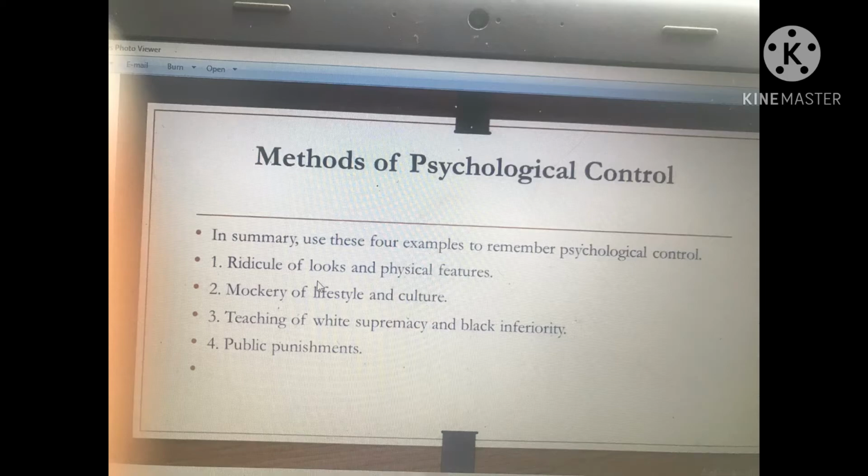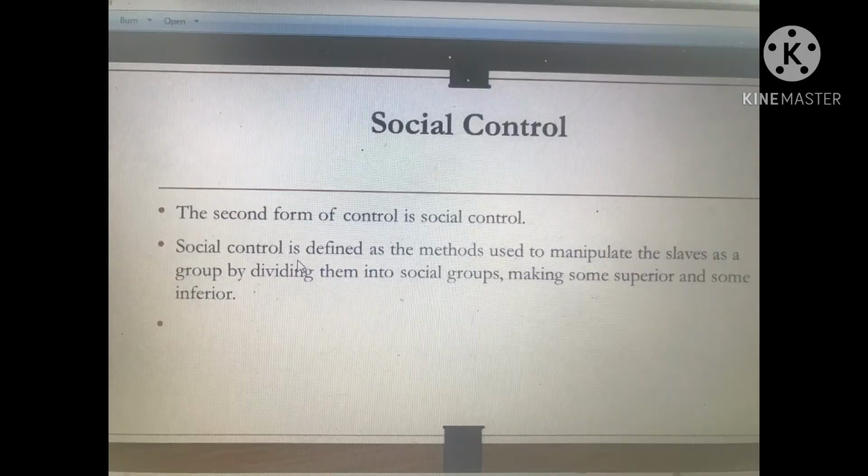Ridicule of looks and features. 2. Mockery of lifestyle and culture. 3. Teaching of white supremacy and black inferiority. And 4. Public punishments.